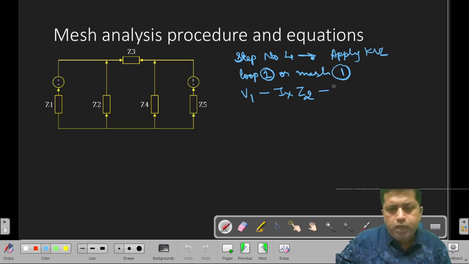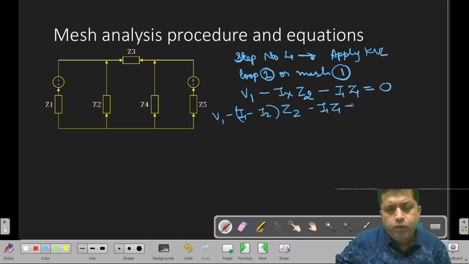The voltage drop is the current, which is I1, and the impedance, which is Z1. This is equal to 0. What is Ix? I1 minus I2. So V1 minus (I1 minus I2) Z2 minus I1 Z1 is equal to 0.